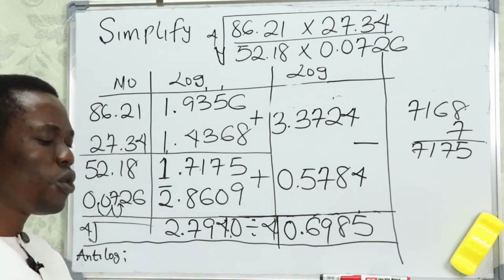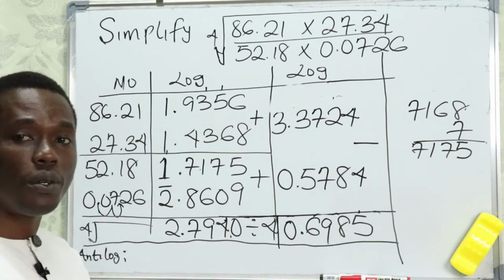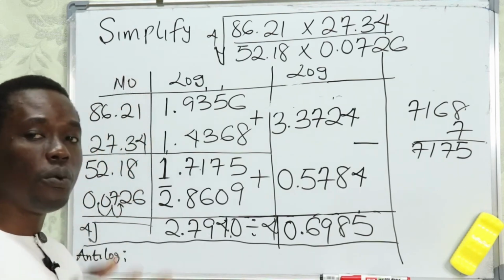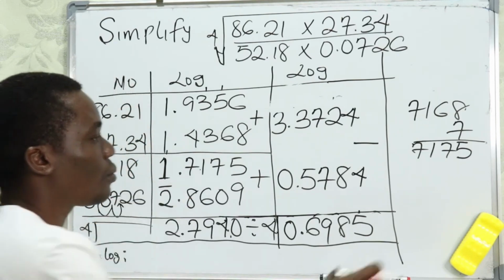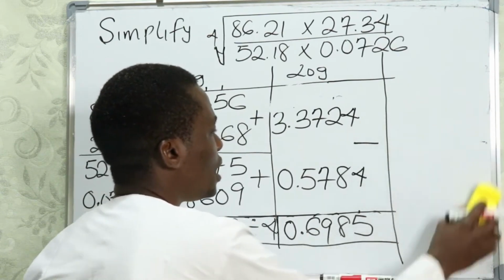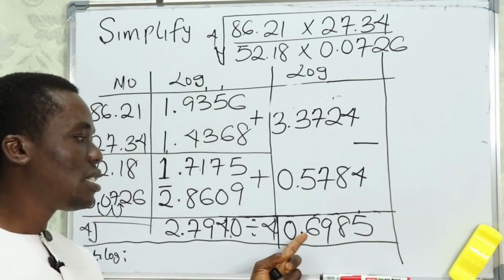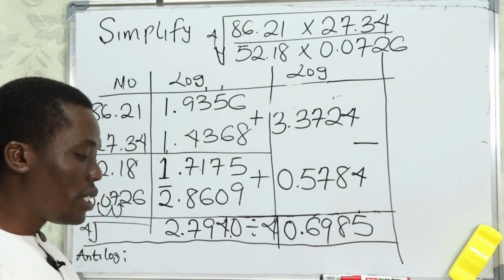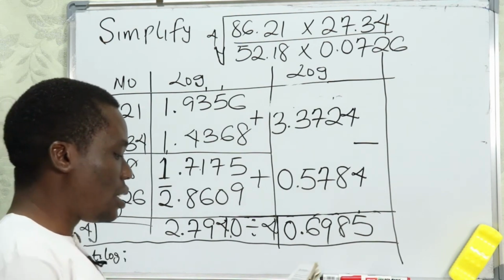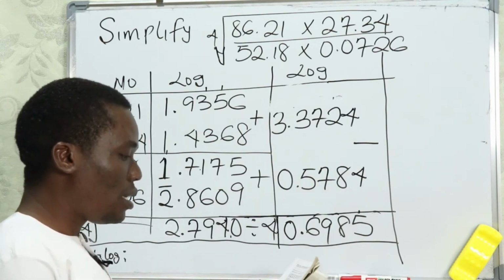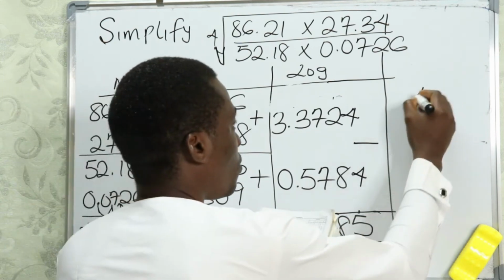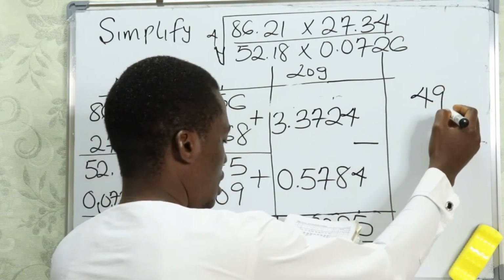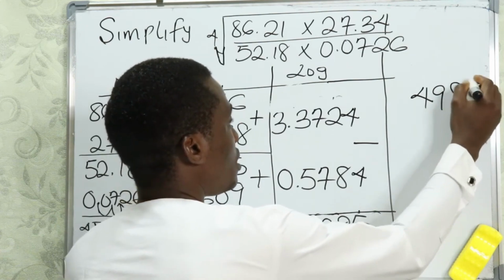So we'll go to the anti-logarithm table. Remember, it is a different logarithm table. It's a different table from the logarithms of number. So we're going to look at the antilog of 0.69 under 8, difference 5. 0.69 under 8 is going to give us 4989.